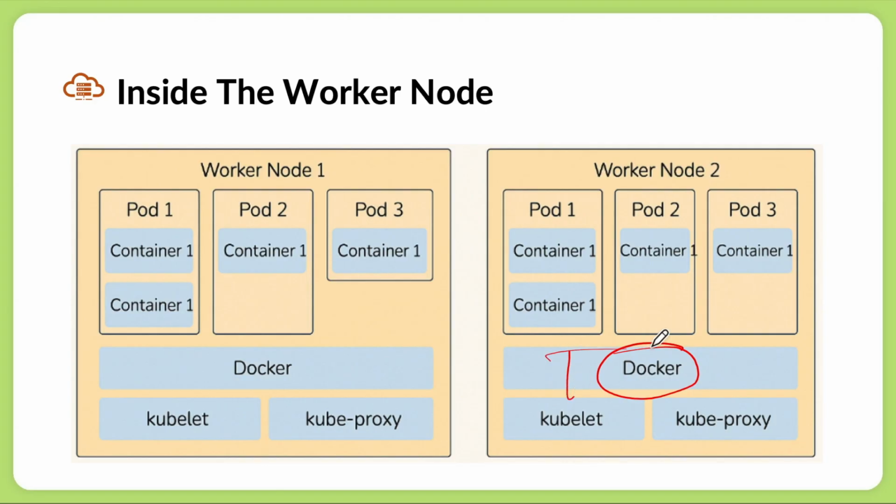This container runtime could be other container platforms as well, but as of now we are talking about Docker and containerd. So Kubernetes doesn't directly create the container. Kubernetes sends the request, and the creation of the container is taken care of by the container runtime, whether it is Docker or containerd.